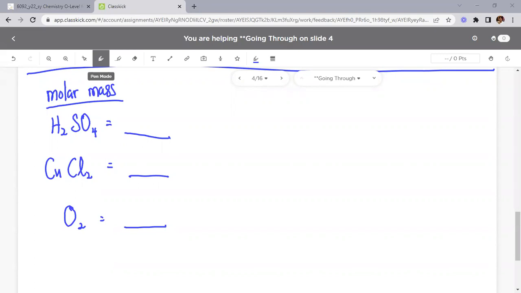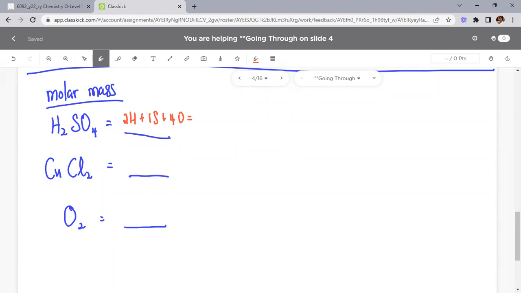Okay, so we're going to resume now. So let's take a look. To find the molar mass of H2SO4, how to go about finding it? It's actually just to find the relative molecular mass of H2SO4. So this is equivalent to 2H plus 1S plus 4O.